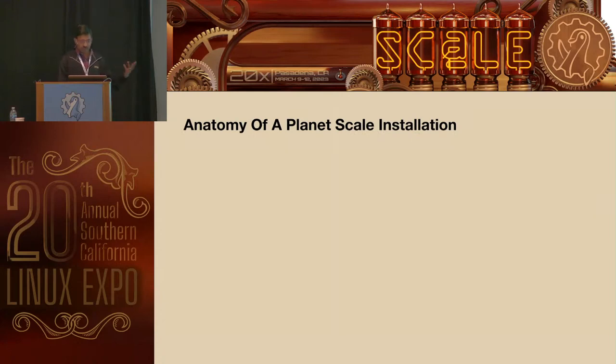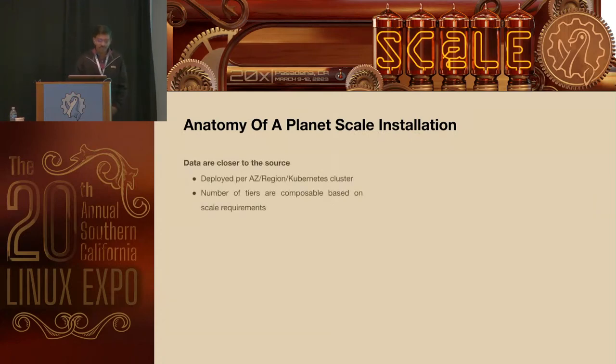So let's understand the anatomy of what a planet scale installation should be. The raw data is closer to the source. The time series database needs to be deployed on a per region, per AZ Kubernetes cluster basis, and the number of tiers is composable. You can initially start with a single tier where a single cluster is able to manage everything.